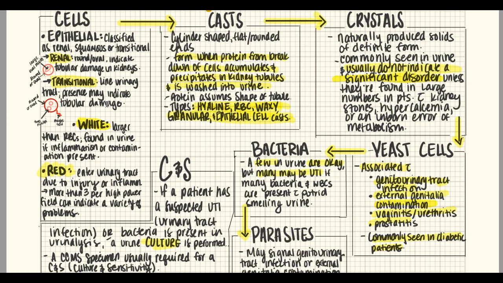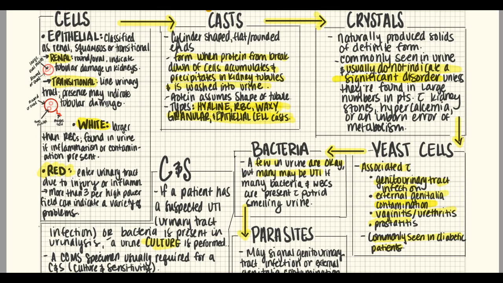Transitional epithelial cells line the urinary tract, and their presence may indicate tubular damage. They are also round or oval, but most of the time they will have a tail, and they will have 2 nuclei in them.